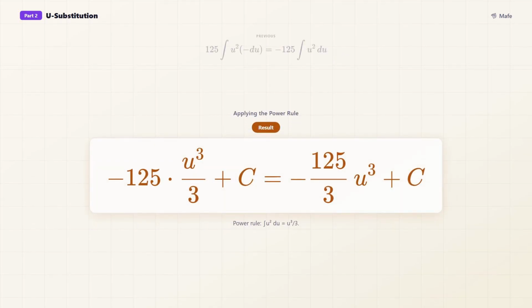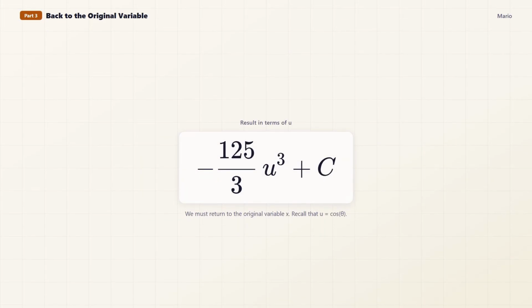Applying the power rule, the integral of u squared is u cubed over 3. So we get negative 125 over 3 times u cubed plus the constant c. We have the result in terms of u.